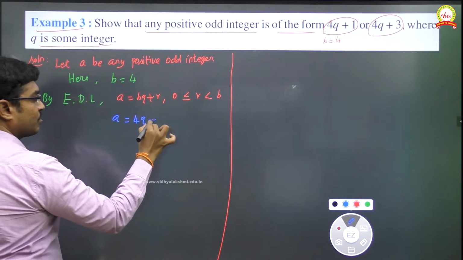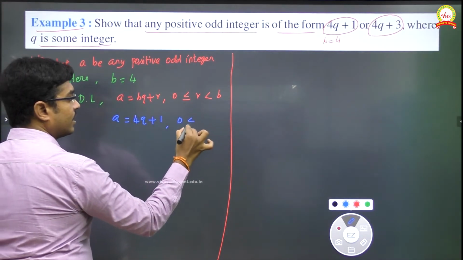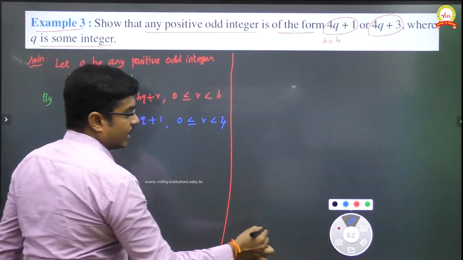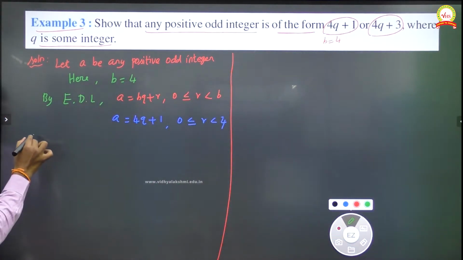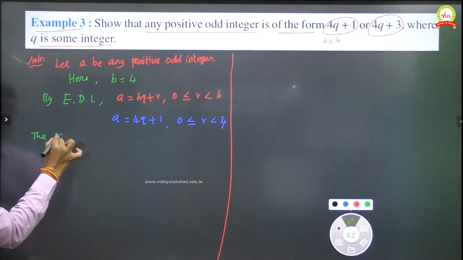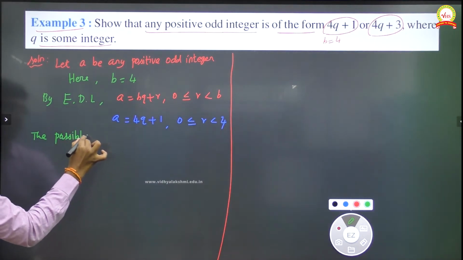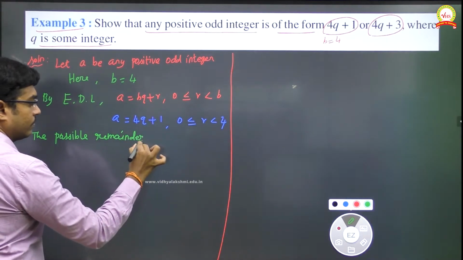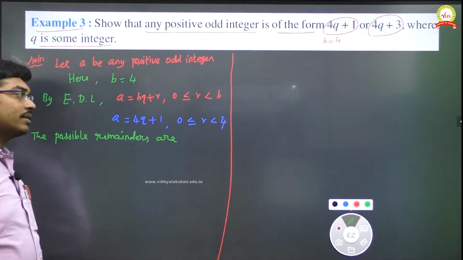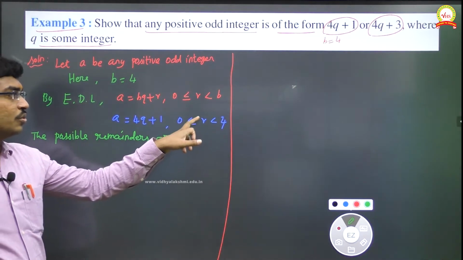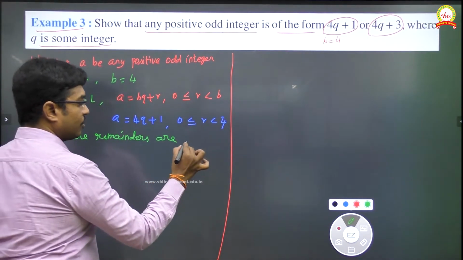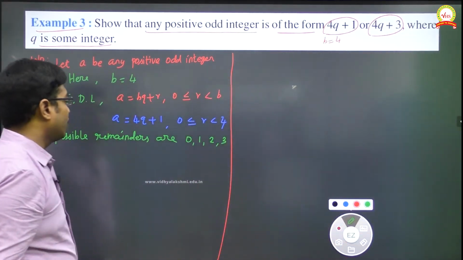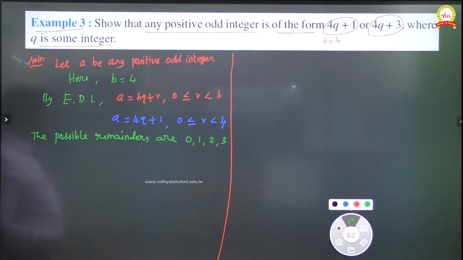So, A equal to 4q plus R, 0 less than or equal to R less than 4, since the divisor is 4. Then the possible remainders are 0, 1, 2, 3 because less than 4.